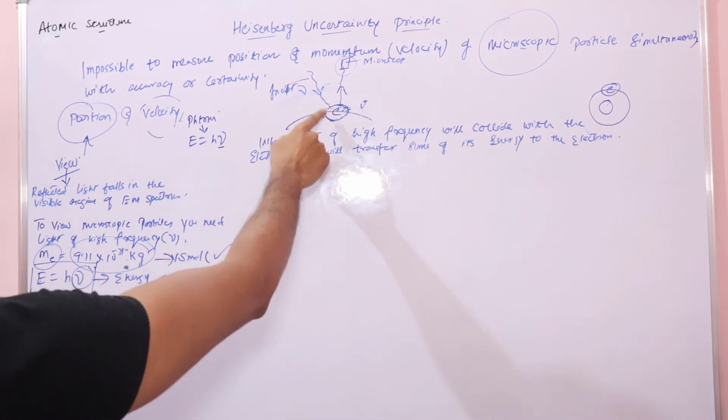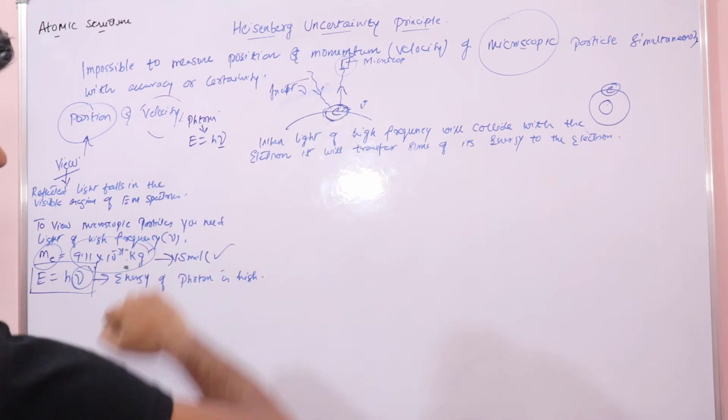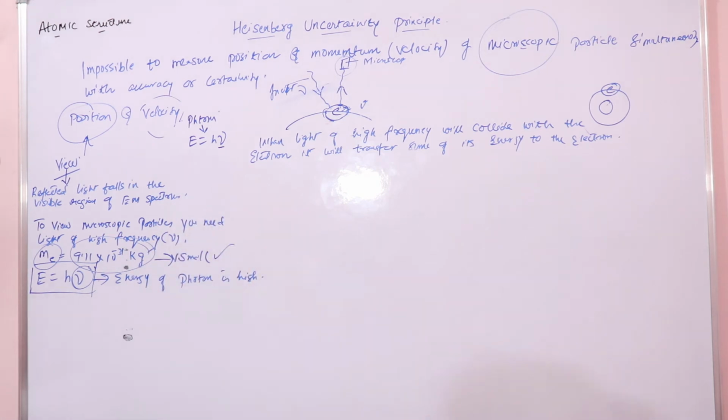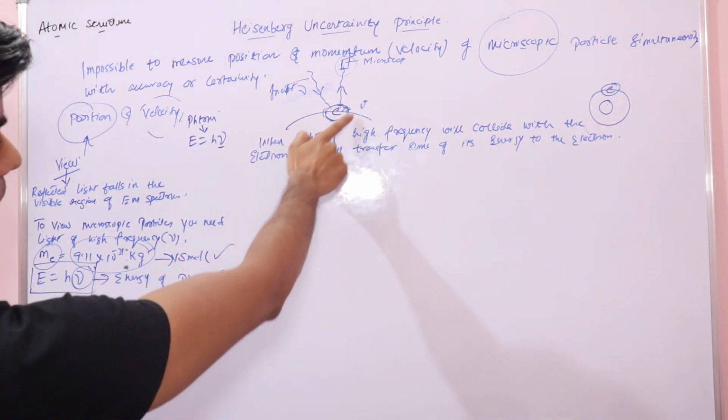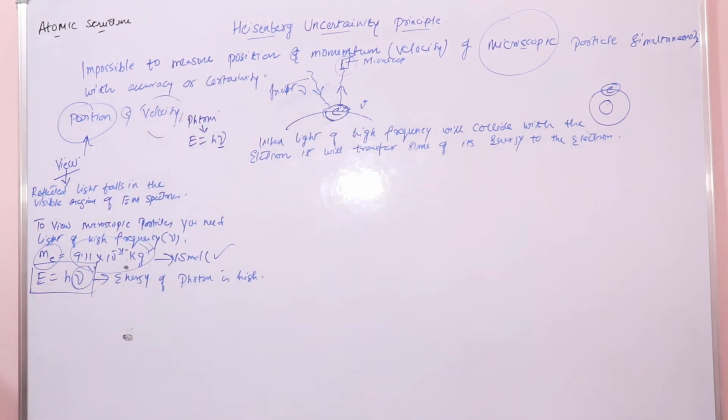Why? Because this is a microscopic particle, we can only view this object when we use light of high frequency. Since the light is of low frequency, we would not be able to locate this object. Its velocity would not be changed because of the low frequency of light, but at the same time we would not be able to locate this object.